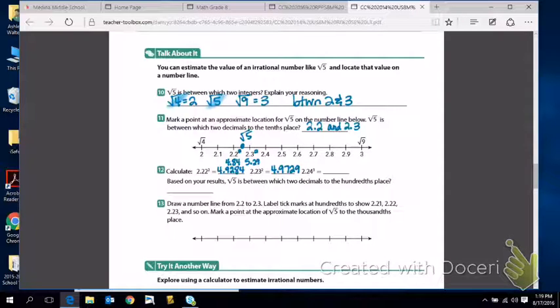If I were to square 2.24, and that is a typo in the book, it should say squared, I would come up with 5.0176. So based on these results, the square root of 5 is between which two decimals to the hundredths place? Well, 2.24 squared takes us over 5, but 2.23 squared takes us close to 5. So we would say that it is between 2.23 and 2.24.